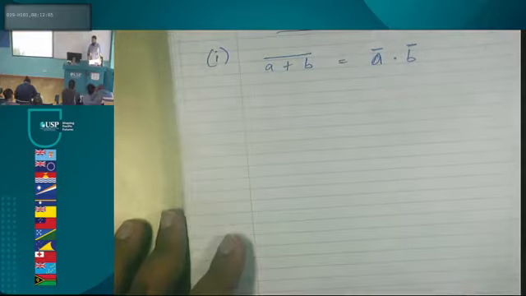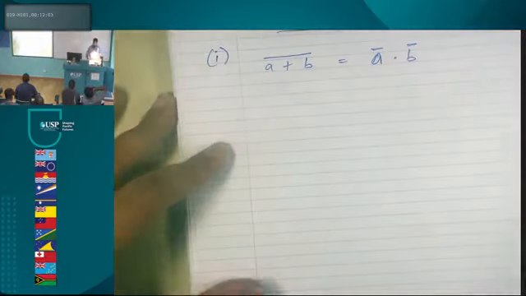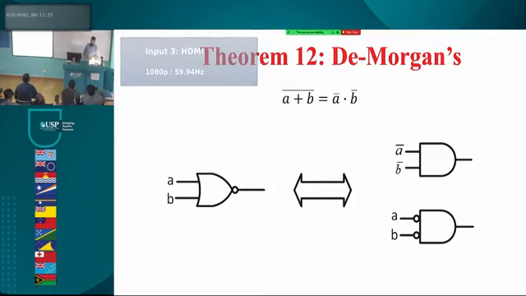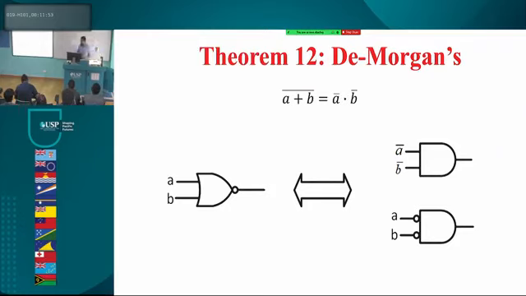What it actually means, as the picture shows, is if you don't have a NOR gate, and you go to the technician and say, I want a NOR gate for my circuit, and the technician says, no, I've got only NOT gates and AND gates, you can build your NOR gate by using this.